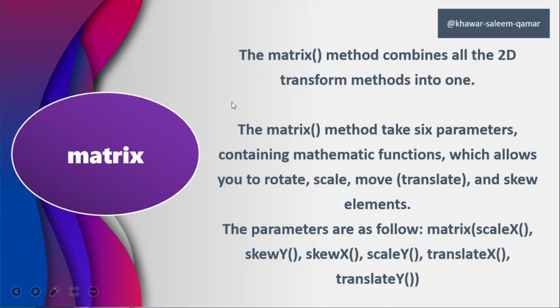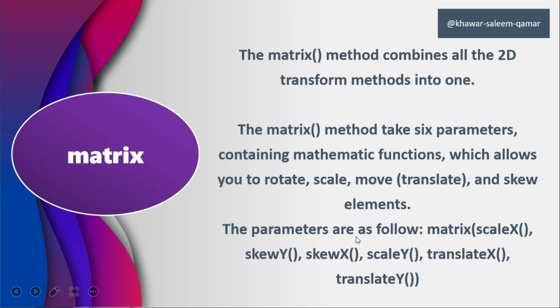There is also a function for transform called matrix, and in this function we can give all 6 parameters in one function, which has this syntax right here. The matrix function contains the values for each of these functions, like scaleX, skewX, skewY, scaleY, translateX, and translateY.